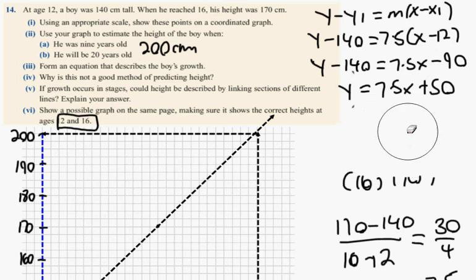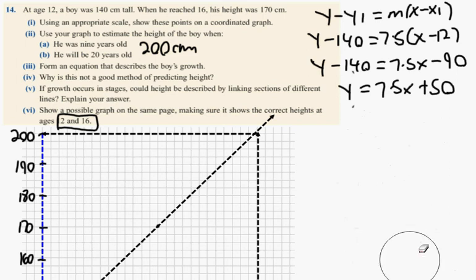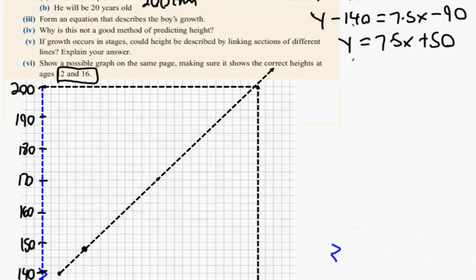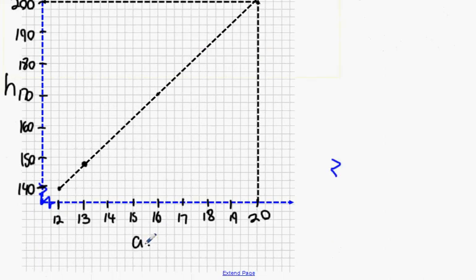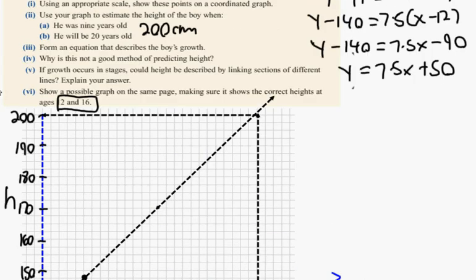Now guys, what is the Y value in my graph? What's the Y value? The Y value is the height, would you agree with that? What's the X value? Age. What would you say about the Y value then? The height equals 7.5 multiplied by his age plus 50.